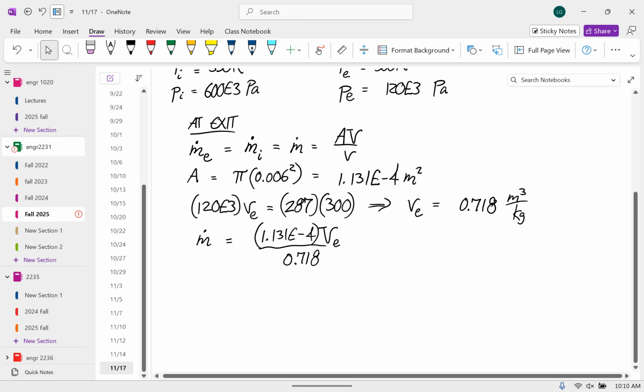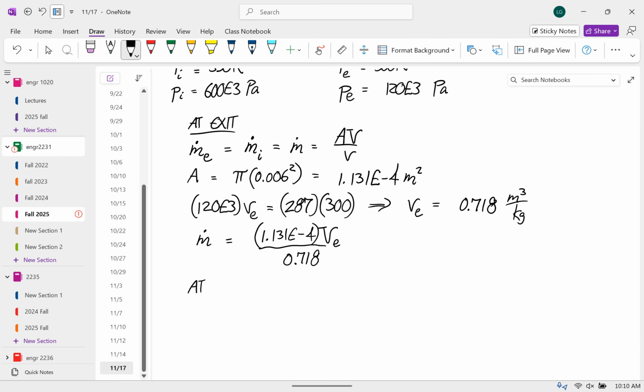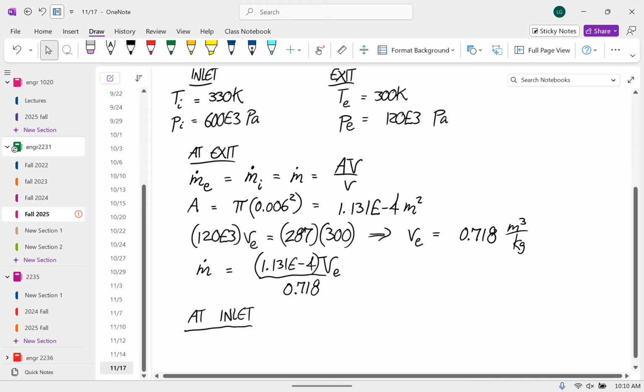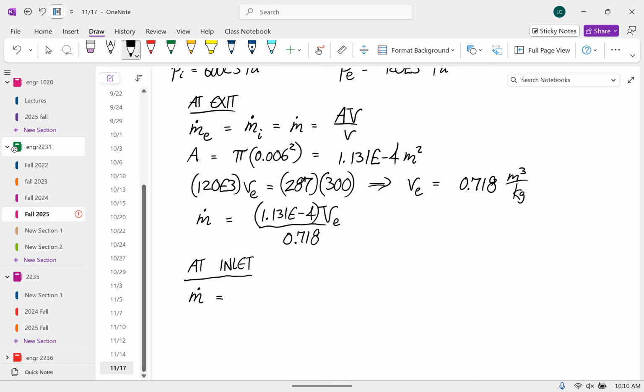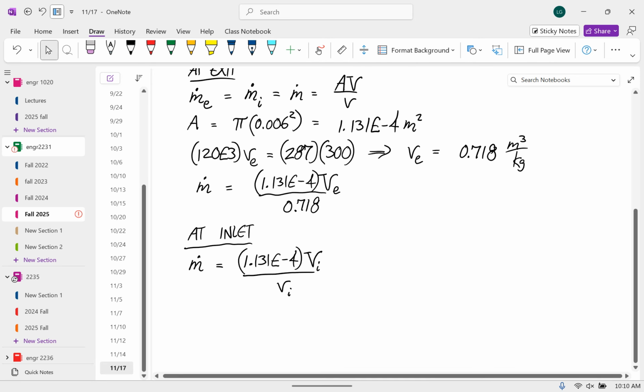And then at the inlet, we have the same area times the speed at the inlet divided by the specific volume at the inlet.